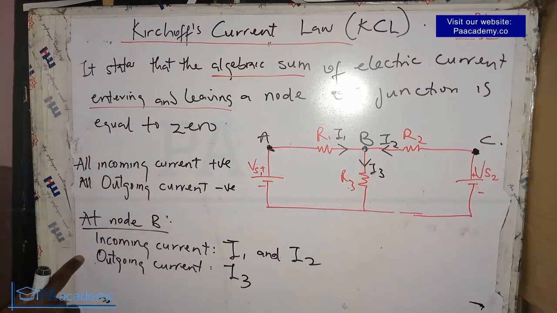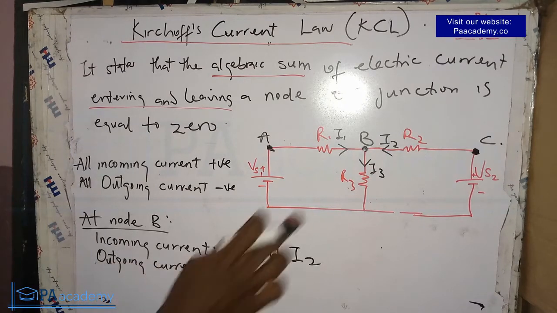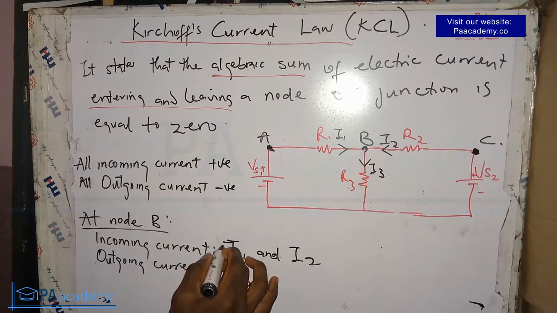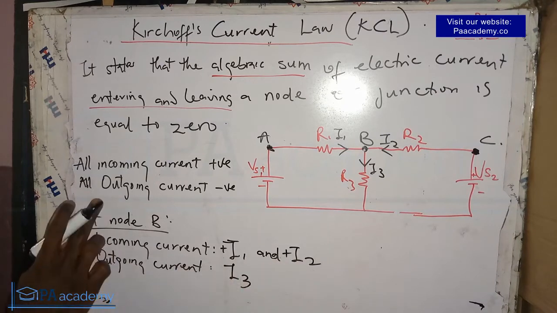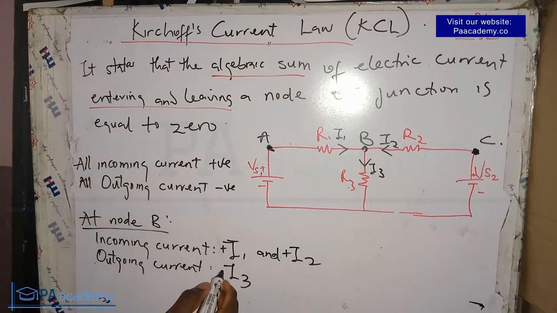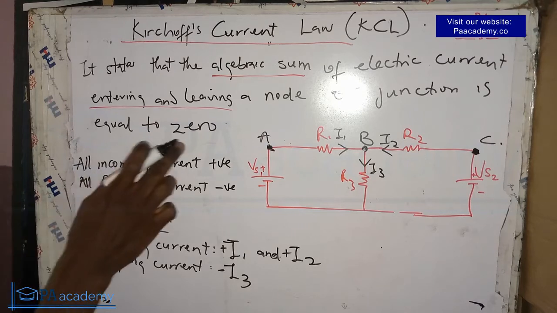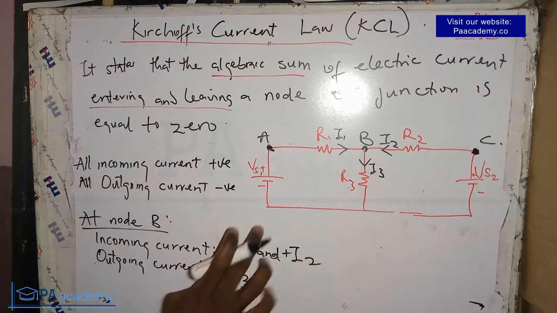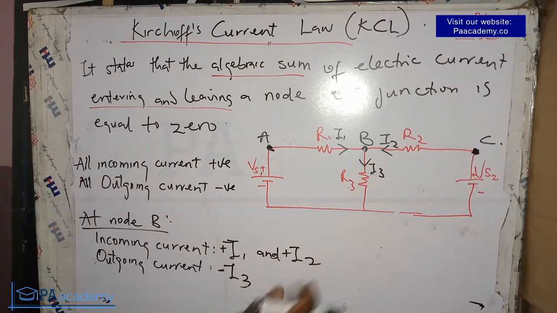Now let me also add the polarities. Remember I said all the incoming currents are always positive, so this is plus I1 and this is plus I2. For the outgoing current, which is I3, I indicate it as minus I3. Now with this knowledge, let's go back to what Kirchhoff's current law is saying: the algebraic sum of electric currents entering and leaving a node or junction is equal to 0. So if we apply Kirchhoff's current law, these three currents together will give us 0.